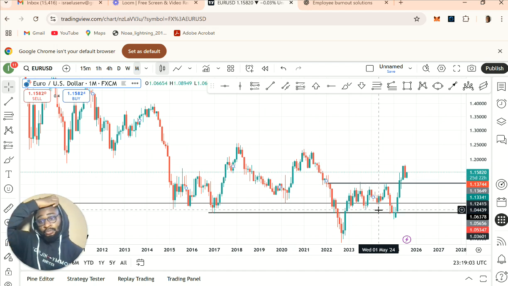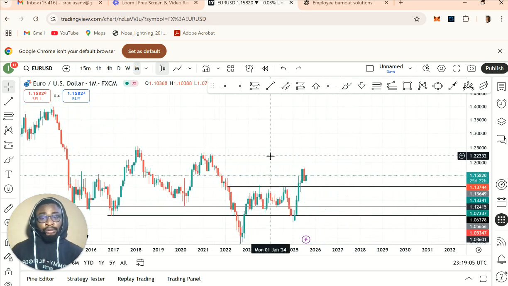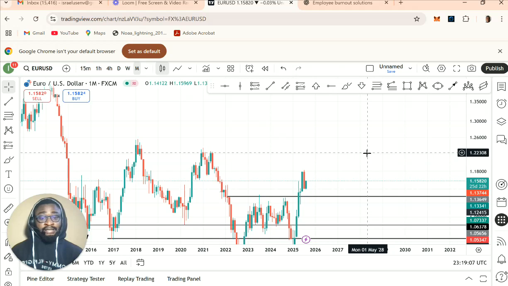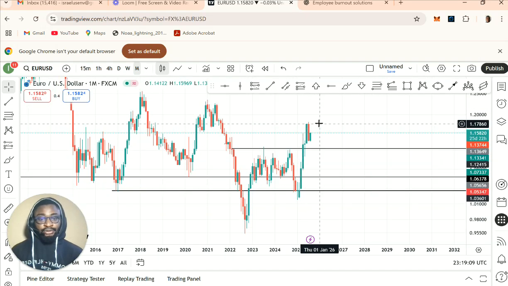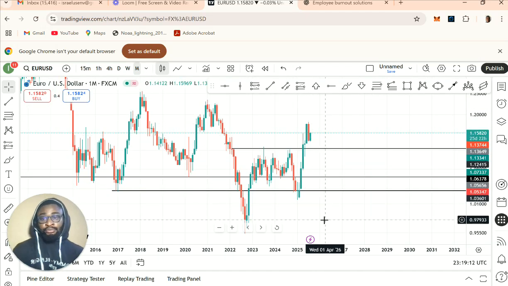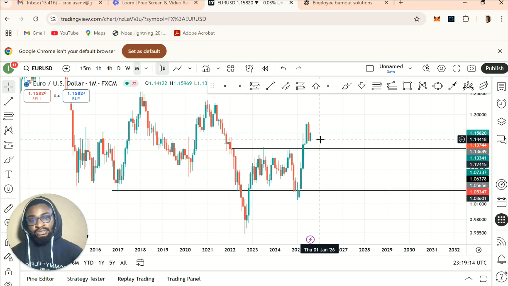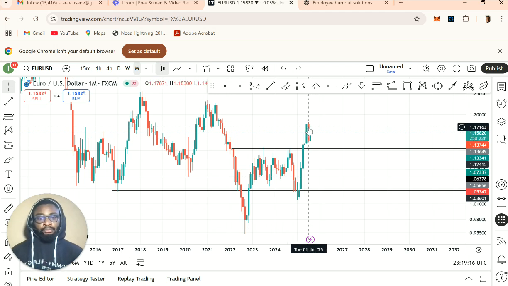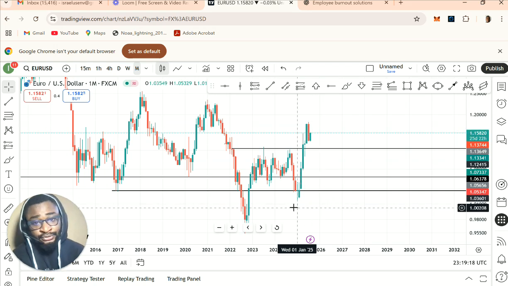The same thing, inversed, for the Euro USD: it's been on the buys, really bullish. You can see the strong green candles here, the really bullish monthly candles, which means more than half of this year has been bullish for Euro USD.